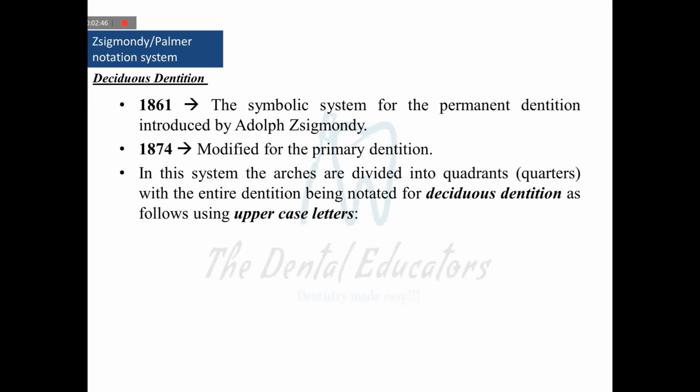In this system, first we divide the whole oral cavity into quarters, that means quadrants. The word quadrants basically comes from the word quarters. So the entire dentition is then written in uppercase letters in the case of the deciduous dentition.